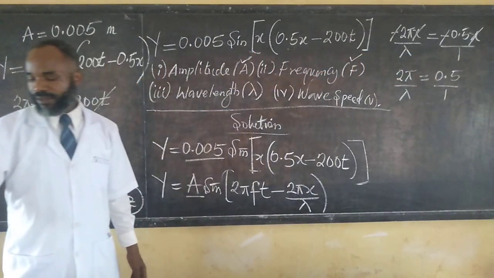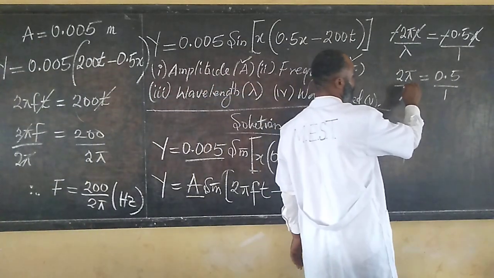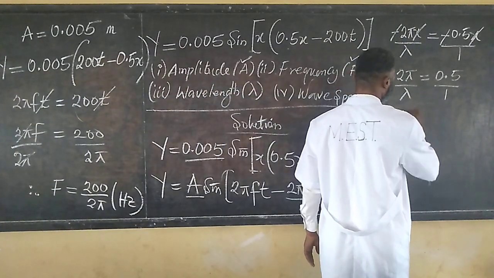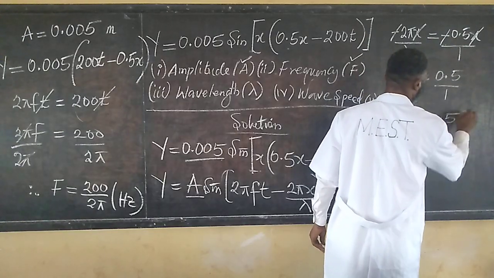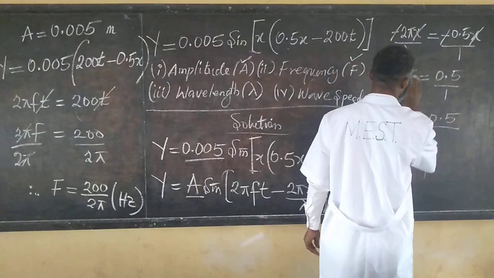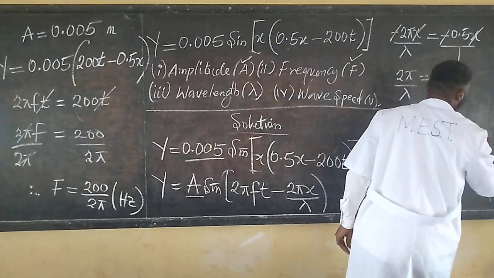Okay. The next thing is for us to make wavelength, lambda, the subject. And if we do that, wavelength is equal to 0.5 all over 2 pi. And wavelength is measured in meters.